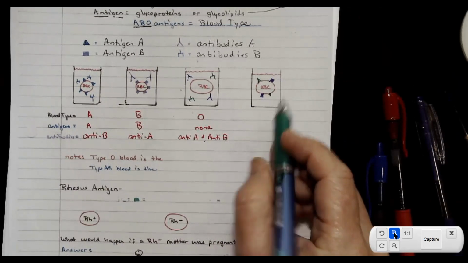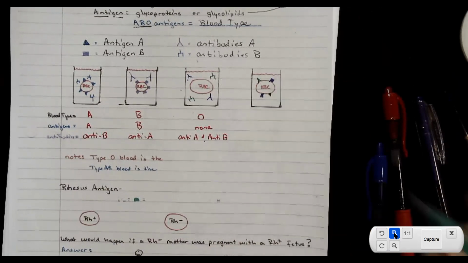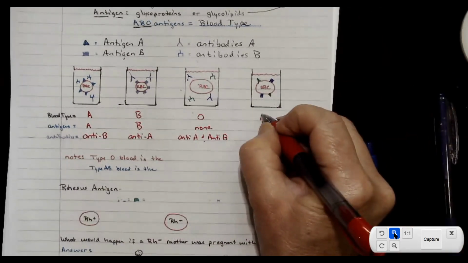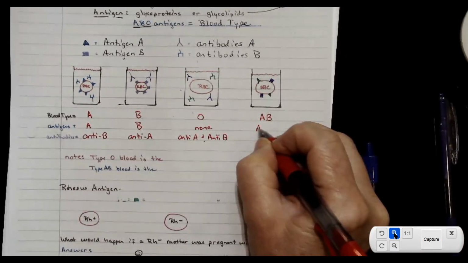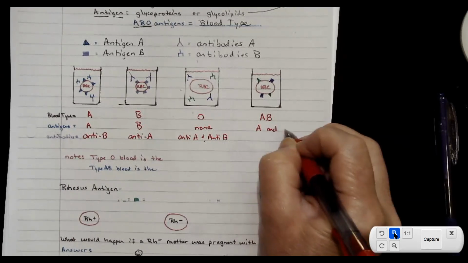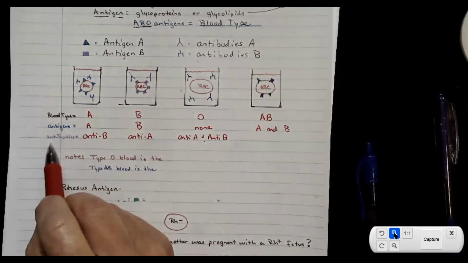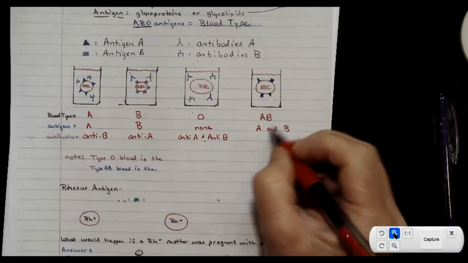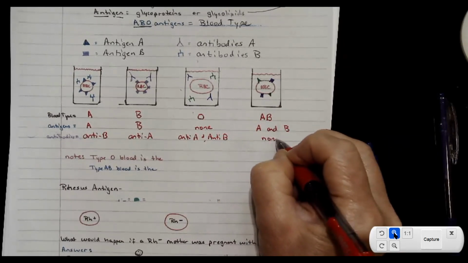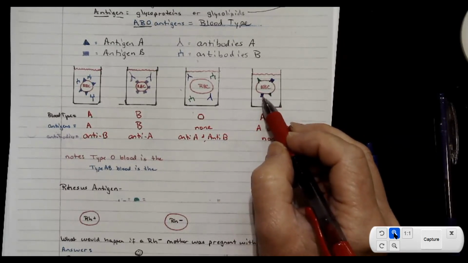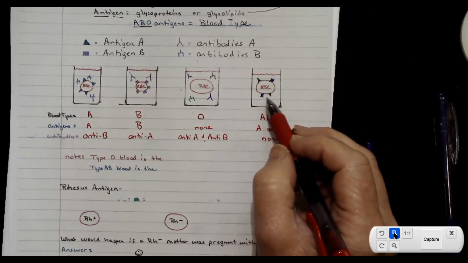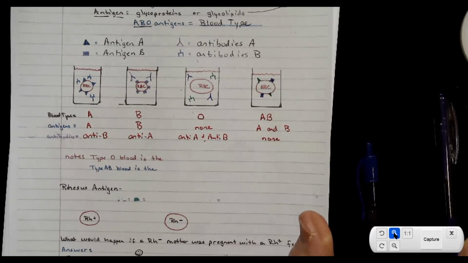Since I have A and B antigens, this is going to be blood type AB. Antigens involved are antigen A and antigen B. Antibodies available? None. Because think about it, if I had antibodies in here, then they would stick and you would have clumping. So that is the basics of blood typing.